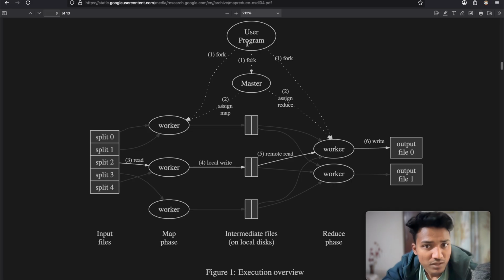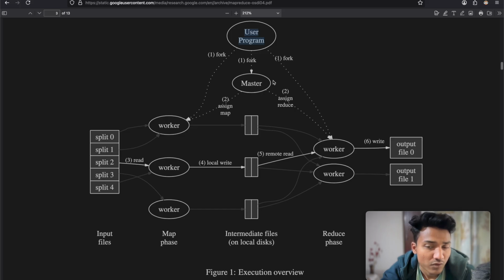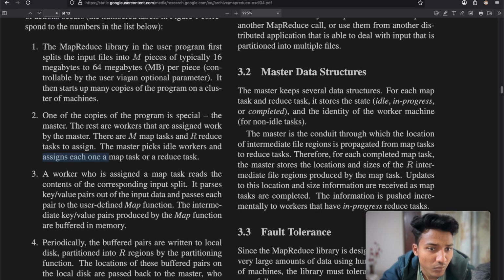Okay, so the story actually starts from the user program. The user program must have downloaded the MapReduce library, which gets forked, and one of the forks is the master. We will talk about the master later. One of the forks is probably used to partition the input files, I guess.